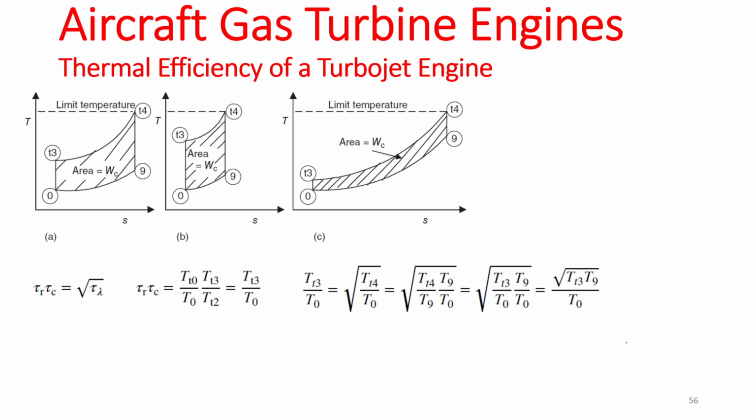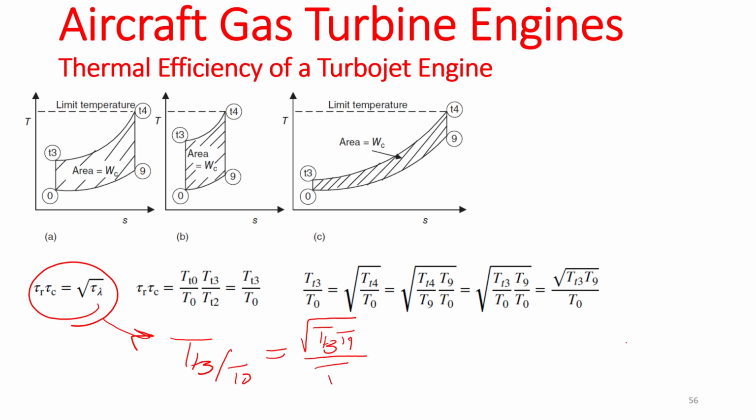Okay? So essentially, this equation is going to become this. Tt3 over T0 is equal to the square root of Tt3 T0 over T3, T9 over T3. Does this make sense? Are there any confusions here?